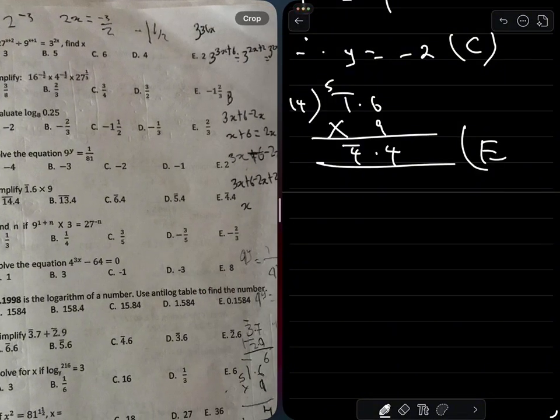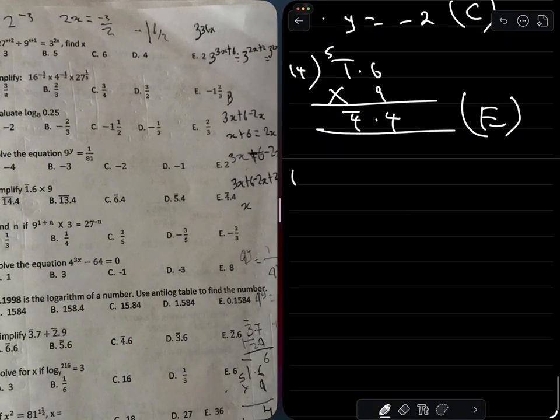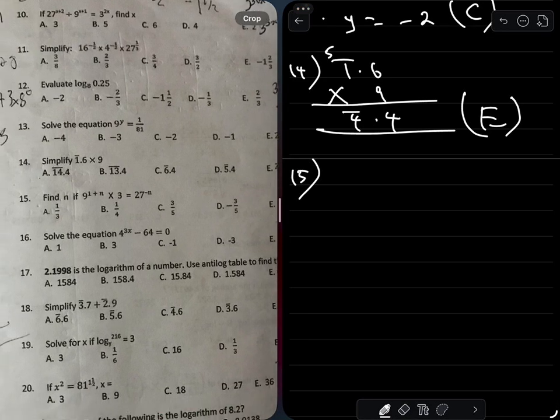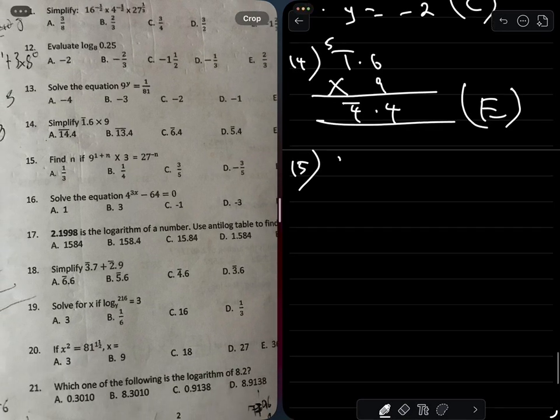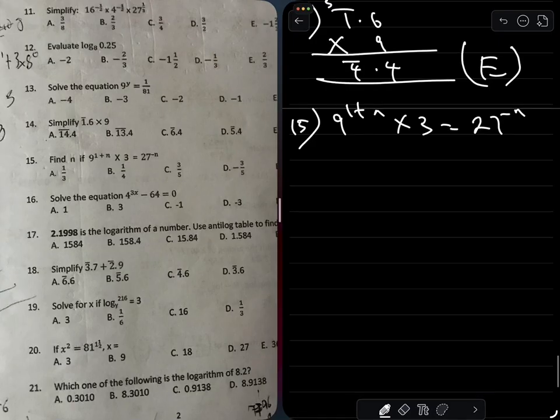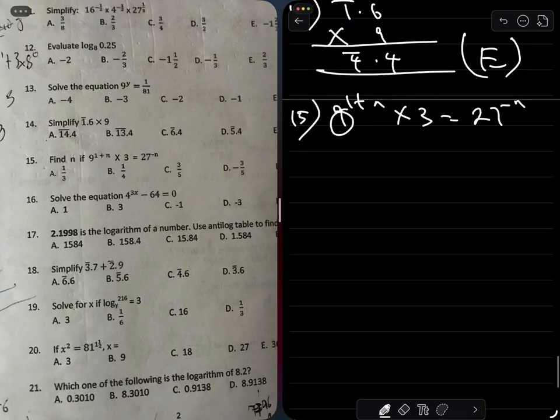Now the next one, number 15. Find n if 9 raised to the power 1 plus n, times 3, is equal to 27 raised to the power minus n. That means you can write all of them as powers of 3. You can write 9 and 27 as powers of 3.